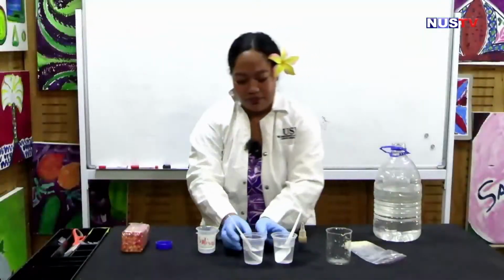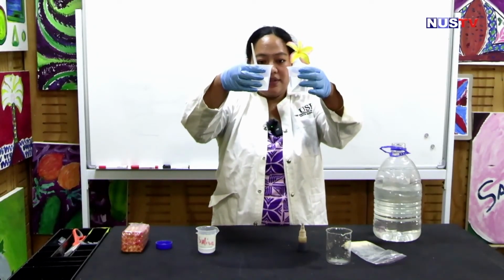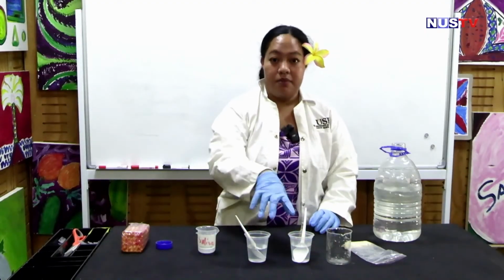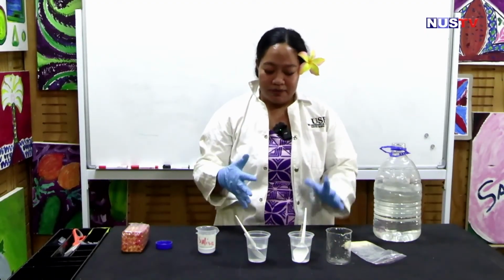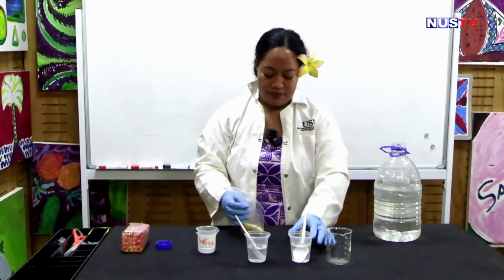Cool. So we can see that there's about the same amount of water in both of these cups. And that's very important because we want to make sure that the results that we get are fair.